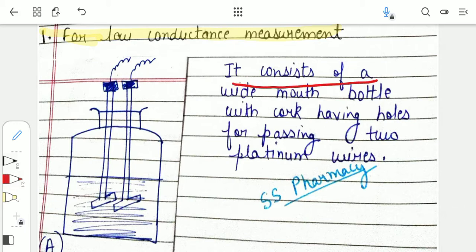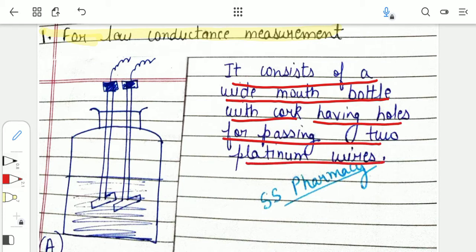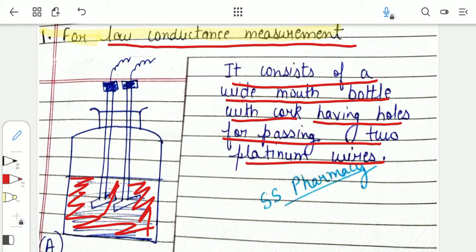It consists of a wide mouth bottle with a cork having holes for passing two platinum wires. The solution whose conductivity is to be measured is placed in this vessel.